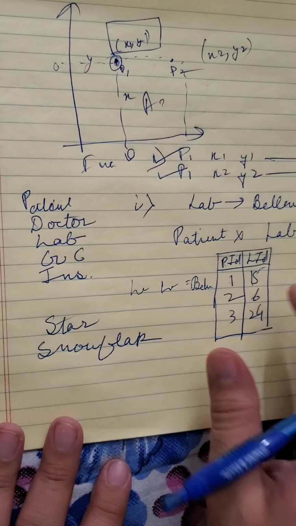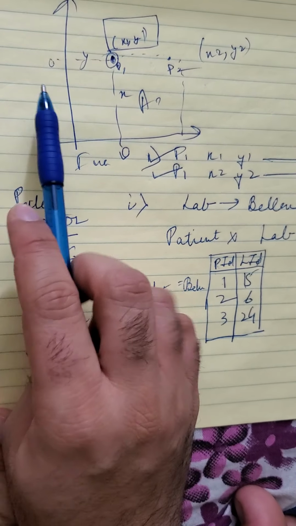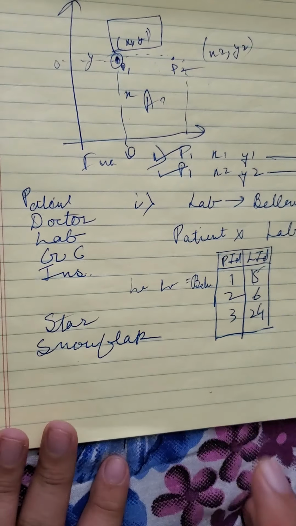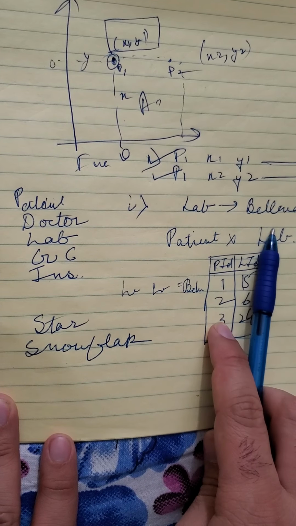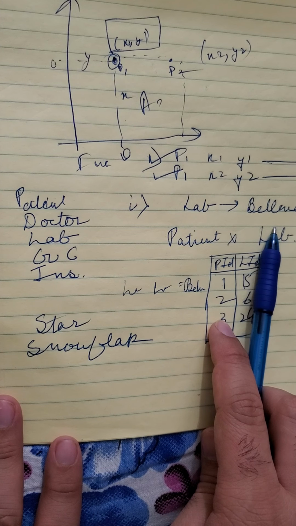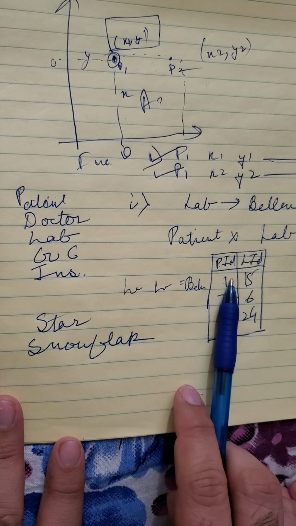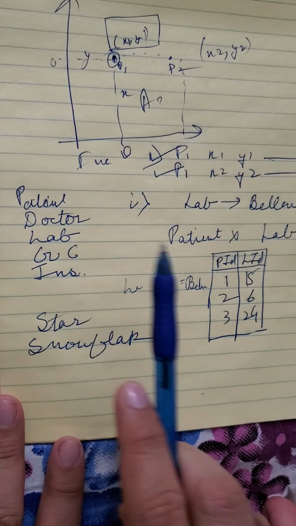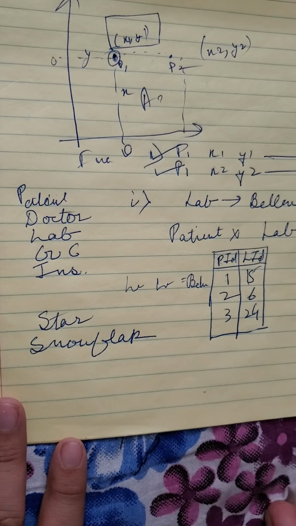So I'll just do a quick revision of what I told in this video. Dimensions, making a fact out of dimensions. A simple question to get all the patients in the Bellandur laboratory through a fact in which you join the fact to patients and laboratories, and that's how you get the details. Thanks, guys.